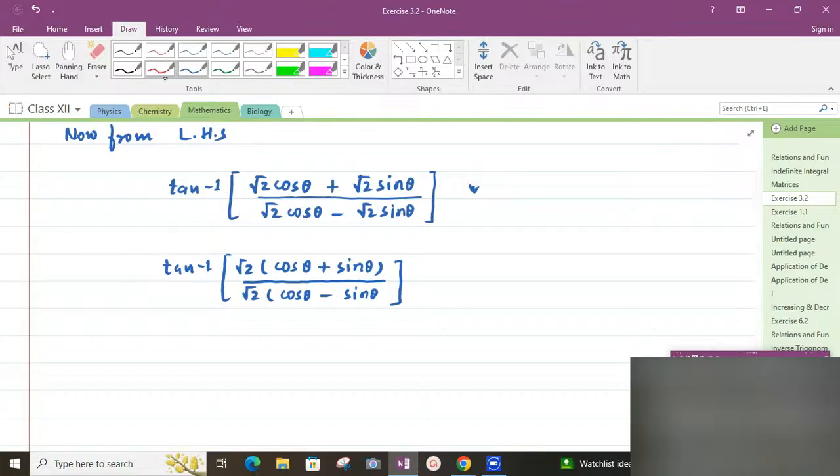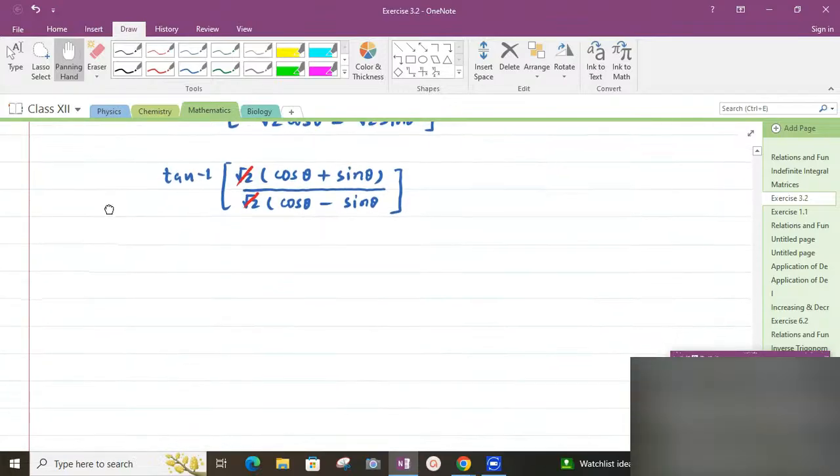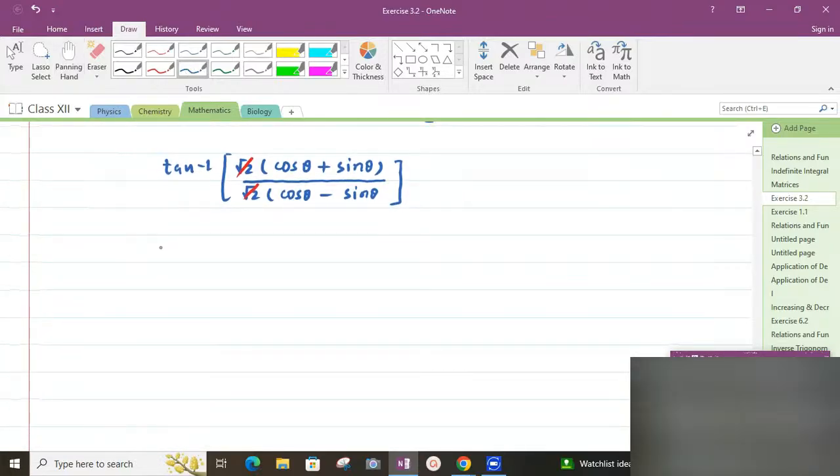Hope that there is no problem to understand up to this step. Now we cancelled out root 2, and here next step will be tan inverse and cos theta plus sin theta by cos theta minus sin theta.